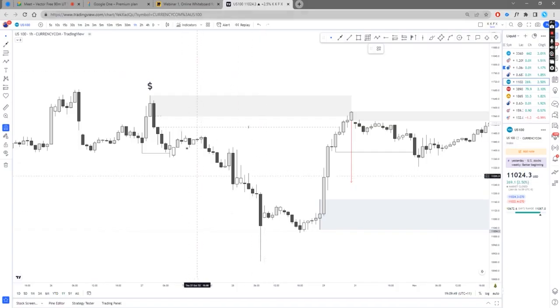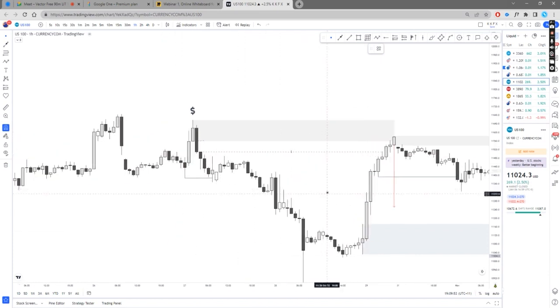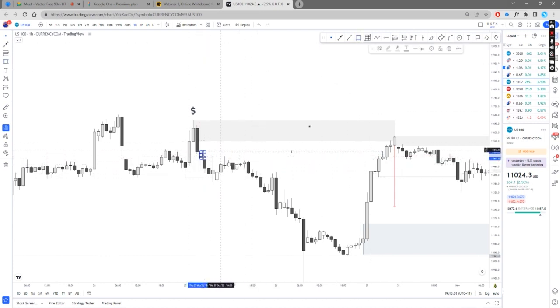So I'll just let this go in. What happens after that detachment, we have this compilation of orders. And what that's telling us is that we're mitigating price, as if we're supply here and we're just mitigating a supply zone.